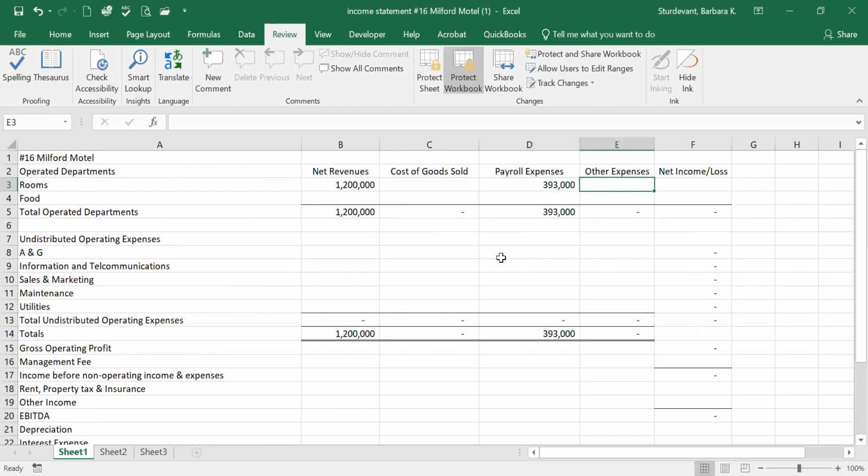Okay, what were the other expenses for rooms? Look in your list. 50,000.